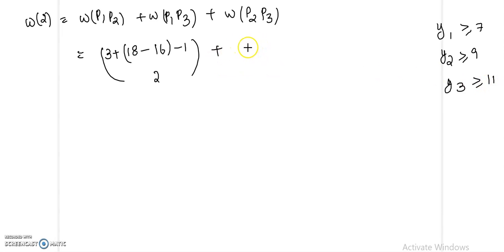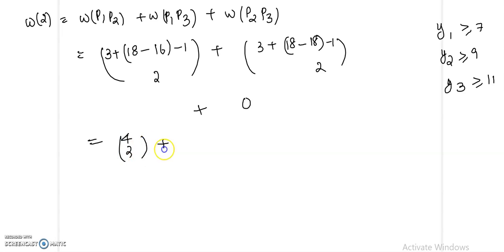Taking P1P3, 3 plus 18 minus 18 minus 1 choose 2. For omega of P2P3, 18 minus 20 comes, which is not possible, so there are 0 elements that satisfy those two properties. So we get 4 choose 2 plus 2 choose 2, which is 6 plus 1, so we will get 7.